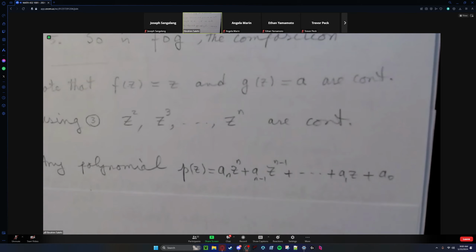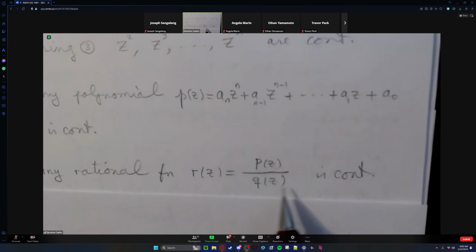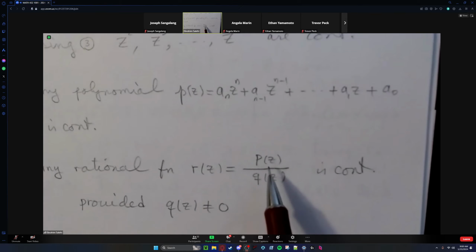If you divide two polynomials, which we call a rational function, that also will be continuous, provided the denominator is non-zero. All right? Always we have that condition. In mathematics, we don't divide by 0. Okay. All right. Any rational function also will be continuous, provided you exclude the zeros of the denominator.